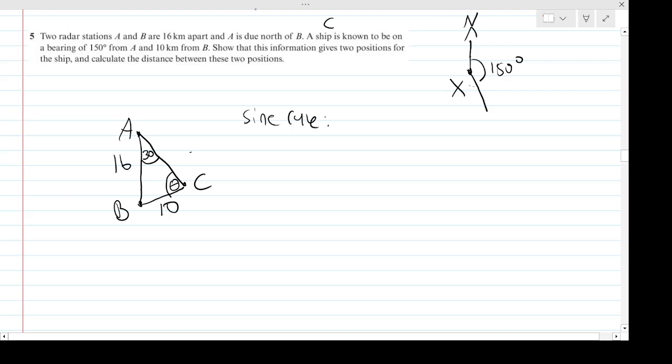So if I have the angle theta, then the side 16 is facing it. So we're going to have sine theta over 16. And then the other angle we've got is 30, and that's opposite the 10. So we're going to have sine 30 over 10. So therefore sine theta is going to be 16 times that.